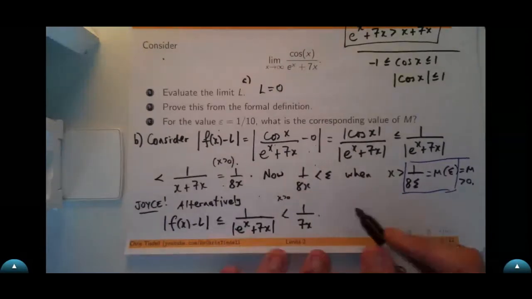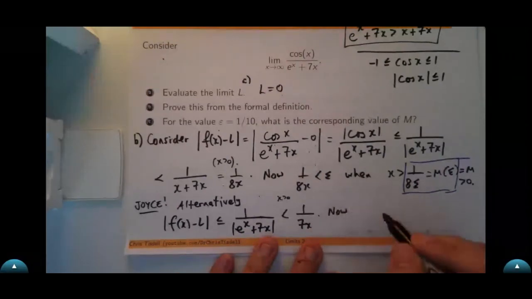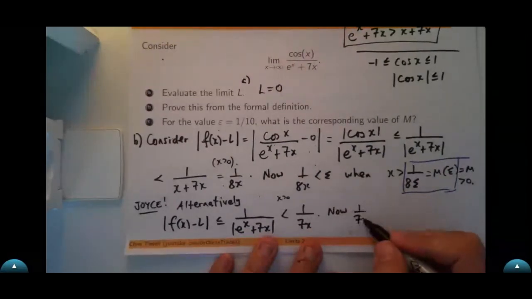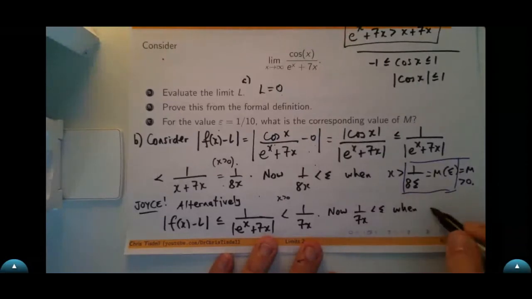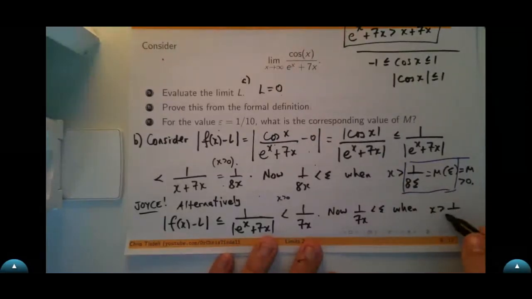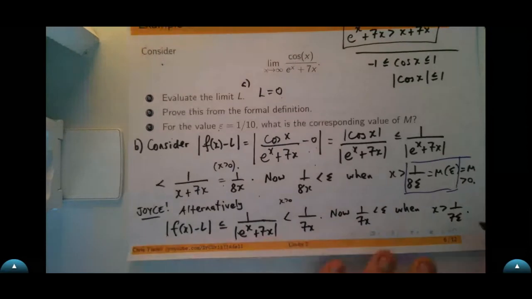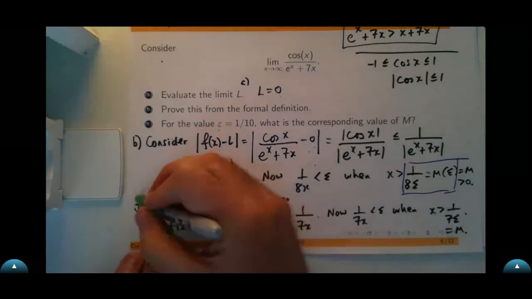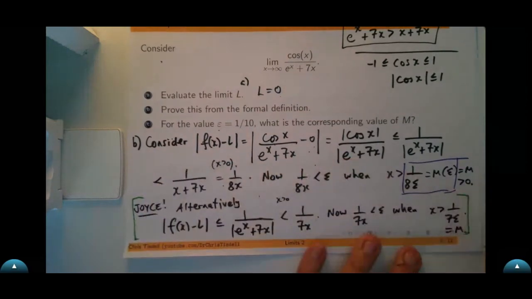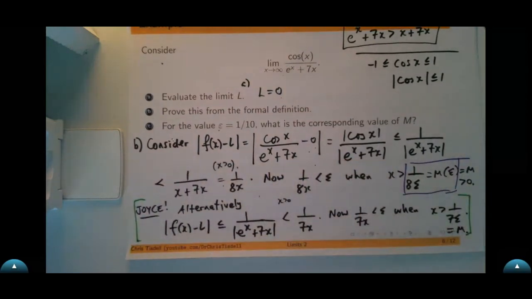Okay, and then you would just solve this. Okay, so that would be your m for this one. So you can see how there's lots of different m's here, right? So this is the Joyce solution, which I like because it's even simpler than mine.